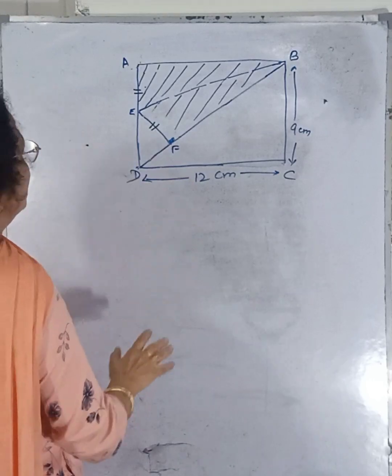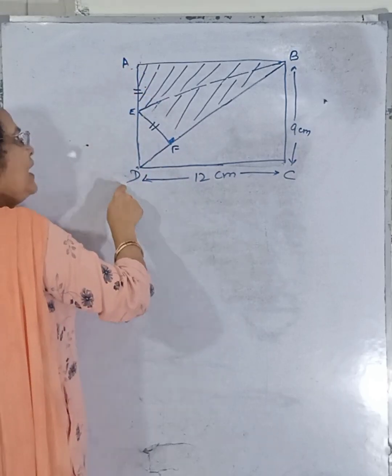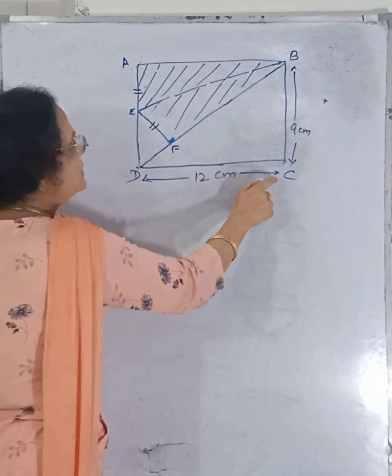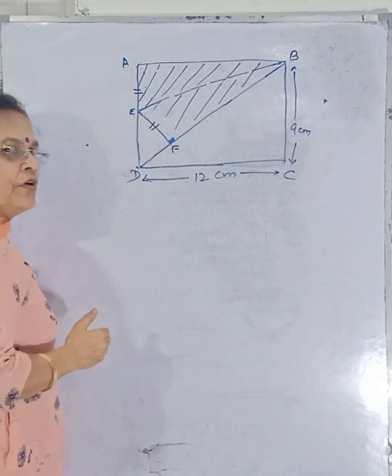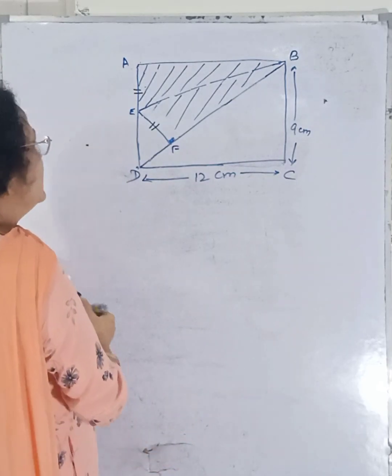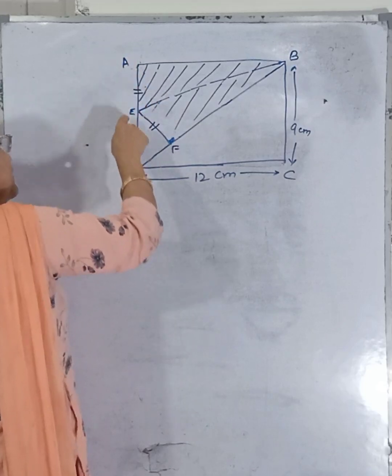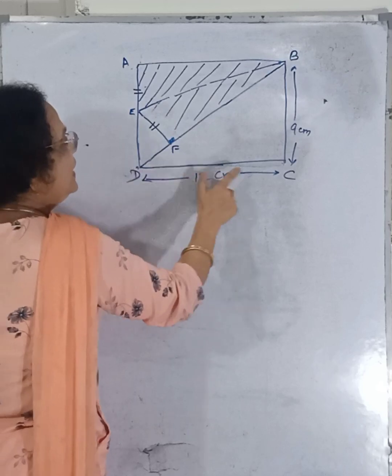It is very clear that the area of ADB will be exactly equal to the area of DCB, because this is the diagonal of the rectangle. So we can find the total area of this region ADB, which is equal to DCB.